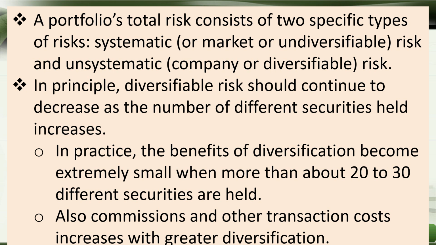A portfolio's total risk consists of two specific types of risk. One is systematic or market or undiversifiable risk, which we studied already, and the other is unsystematic, that is company-based diversifiable risk.